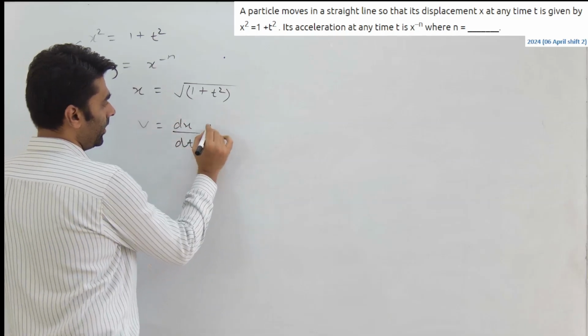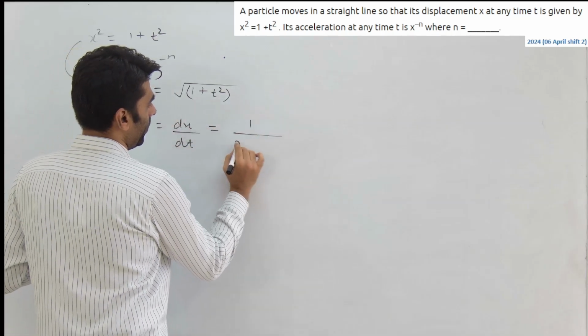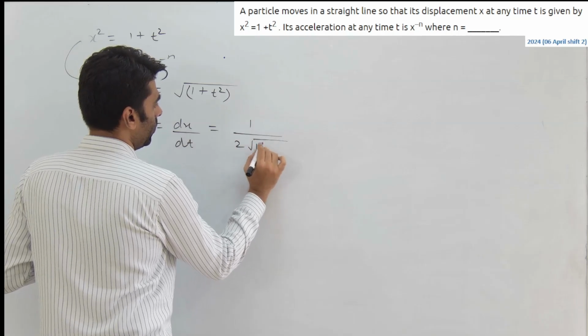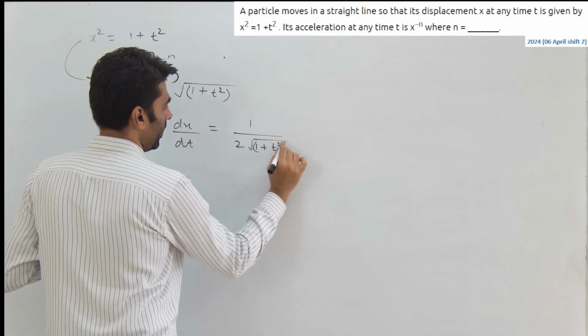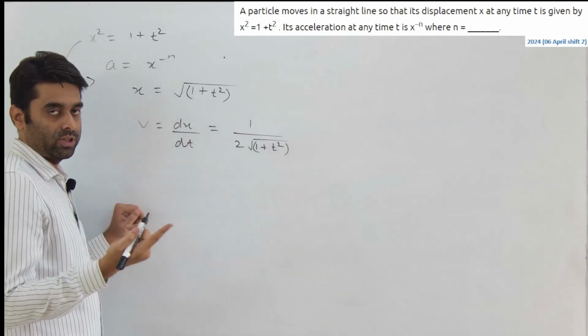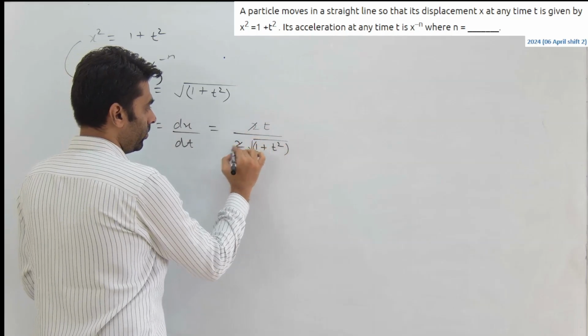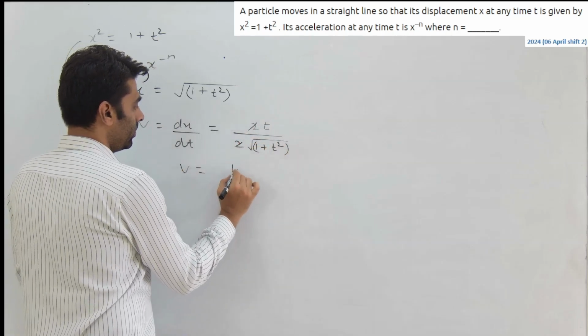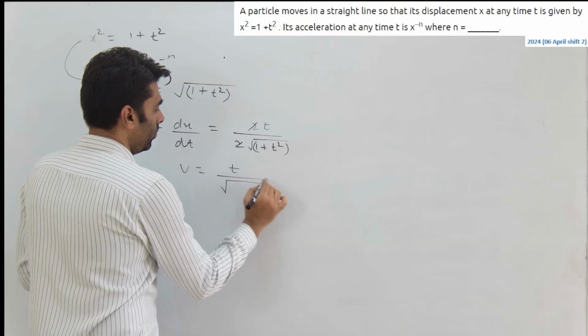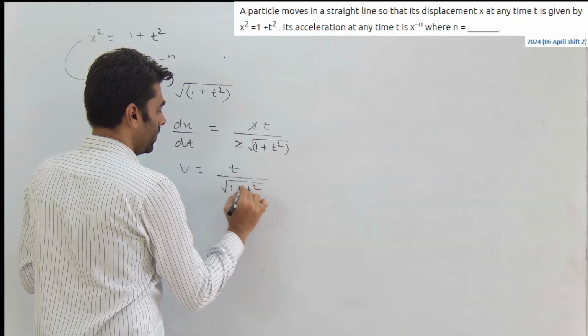If we differentiate this, we get 1 by 2 times root over 1 plus t square, and differentiation of 1 plus t square, basically using chain rule, will be 2t. 2 cancels out. So v comes out to be t by root over 1 plus t square.